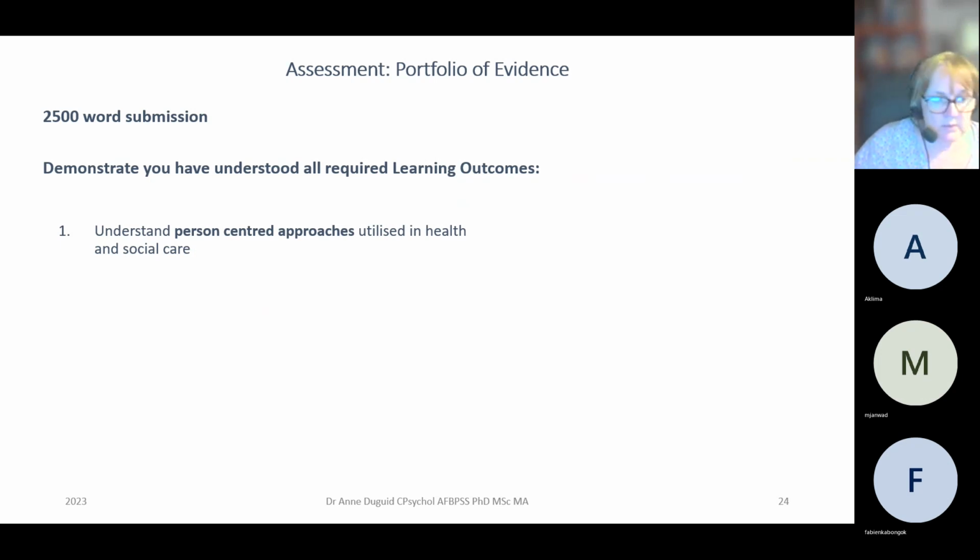So you're going to be talking about dignity and choice and privacy, independence, the rights that people have for equality, inclusion, diversity, all of these principles, values that underpin this way of working in a health and social care setting.